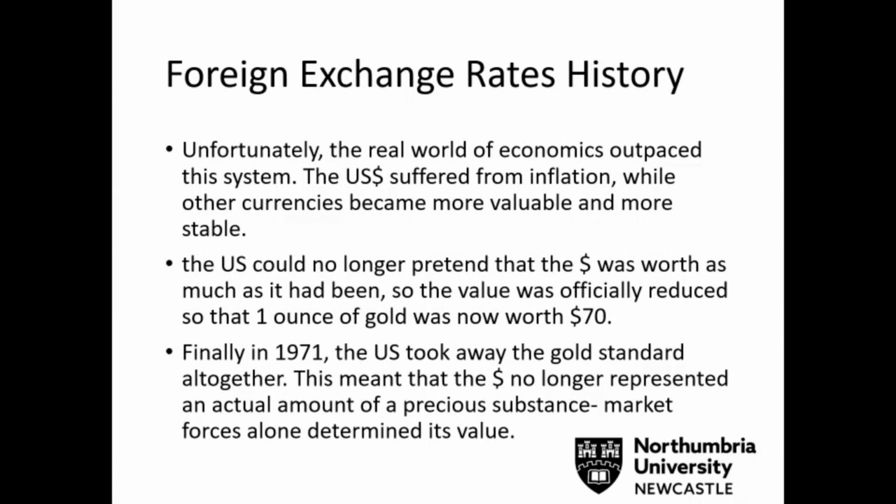However, the global economy quickly outpaced this method. Following the war period and subsequent recessions, as economic growth picked up around the world, this started to become quite unfeasible. At one point, eventually, the US could no longer pretend that 1 ounce of gold was worth what it had been, the likes of $20. It was now up to the equivalent of $70.